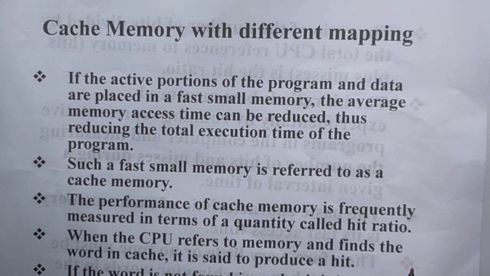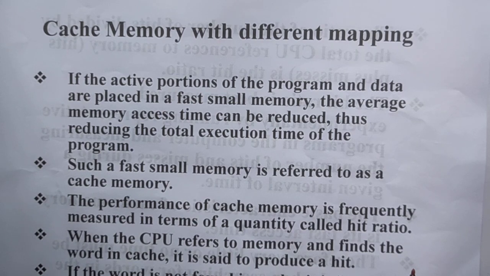If we go through secondary memory or any other memory, it will take some time. If we use cache memory, we can access the data immediately if it is available there. So the average memory access time will be reduced if data is available in cache memory. From the point of view of reducing time, we use cache memory.